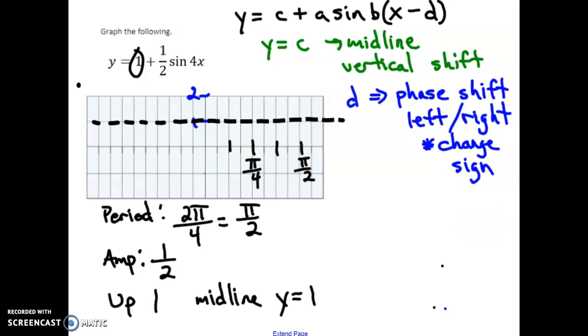And then half of pi over 4, we'll do that over here, is pi over 8. And then we need 3/4 of pi over 2. We could count. We could say 1 pi over 8, 2 pi over 8, and 3 pi over 8. And that's one way to do that.